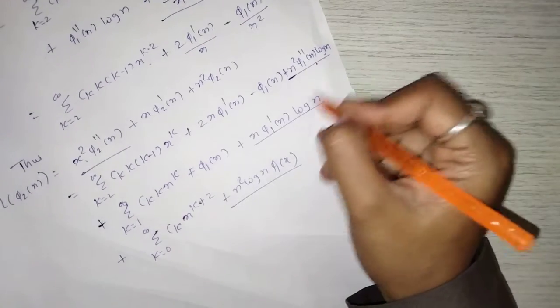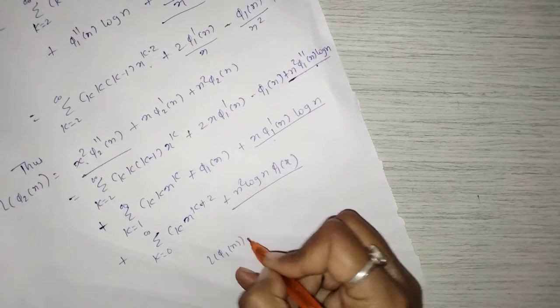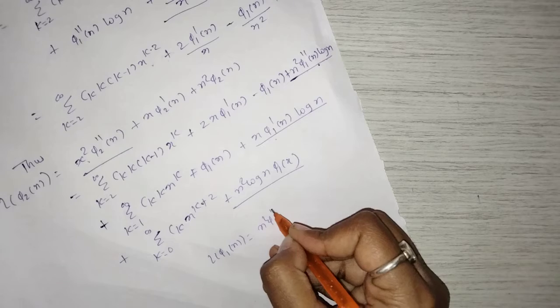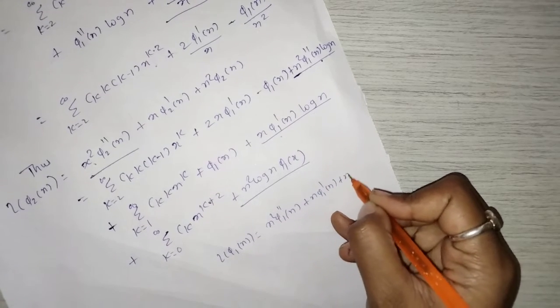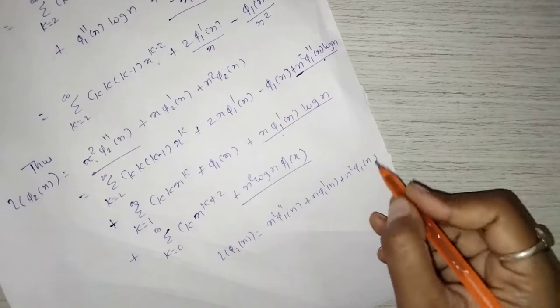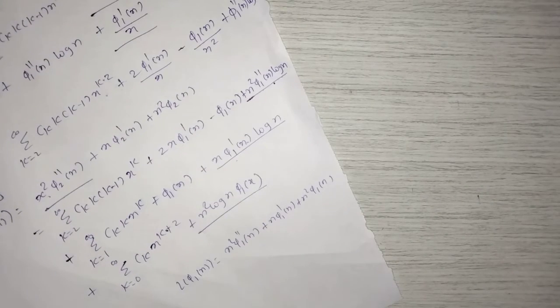So this equation is nothing but the L of phi 1 of x, x square phi 1 double dash of x plus x into phi 1 dash of x plus x square phi 1 of x, and log x multiplied. And phi 1 of x is the solution of L of phi equal to 0. So L of phi 1 of x equal to 0. So this term gets cancelled.